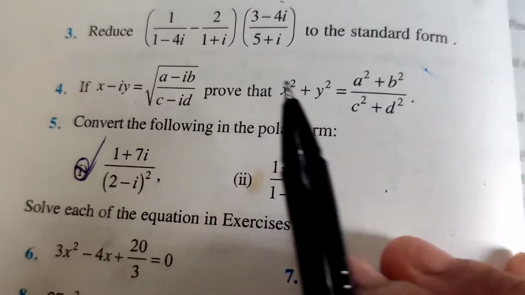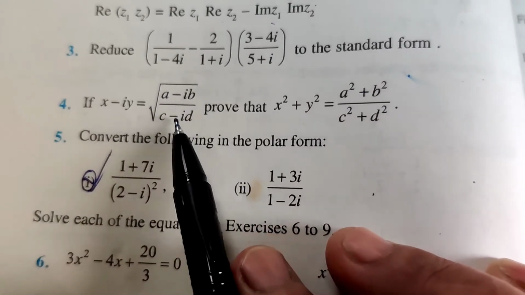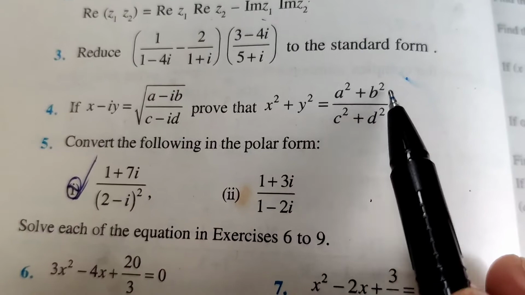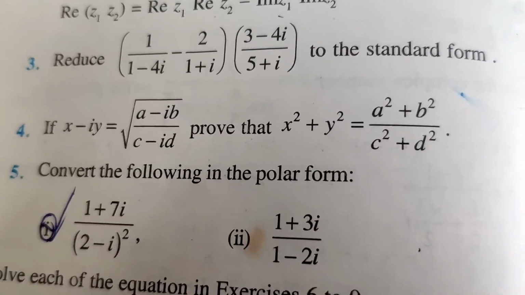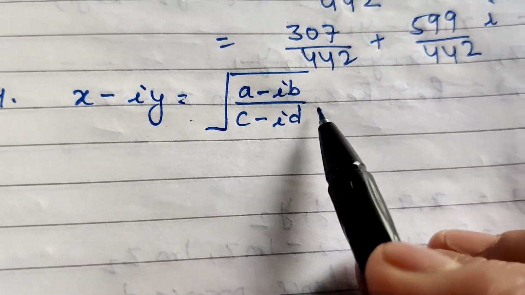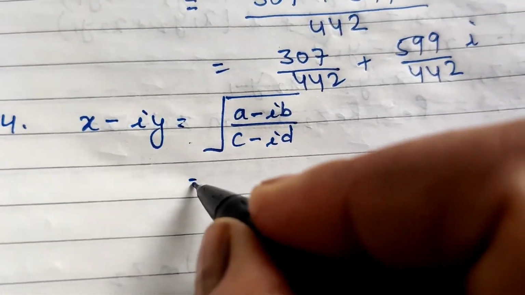Next, question number 4. If x minus iy equals the square root of (a minus ib) upon (c minus id), prove that x square plus y square equals (a square plus b square) upon (c square plus d square). So now simplification.